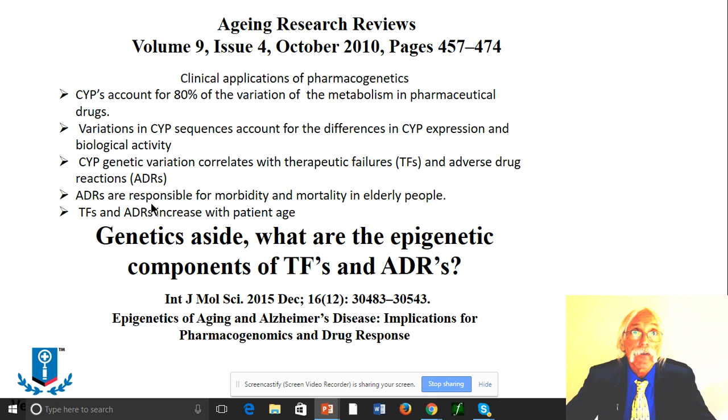So ADRs, okay, what are ADRs again? Remember, those are adverse drug reactions, responsible for morbidity and mortality, and you see this increasing with older or more elderly patients. Drugs are more potent, drugs can have more side effects or negative effects, and that's because of this adverse drug reaction.